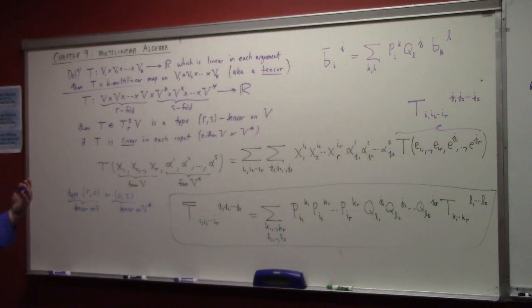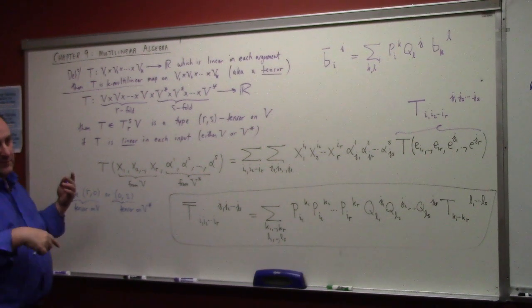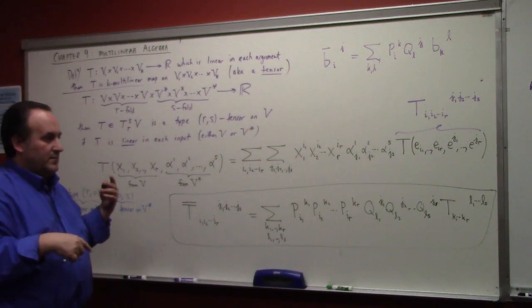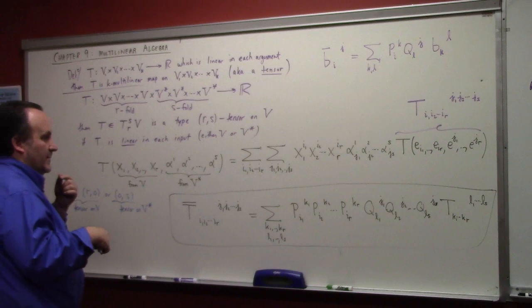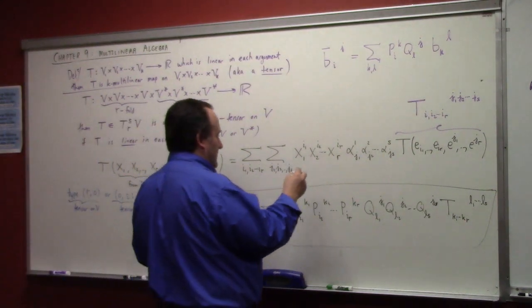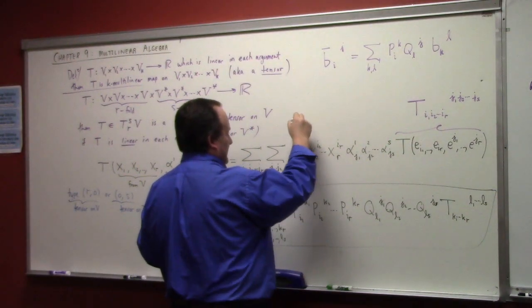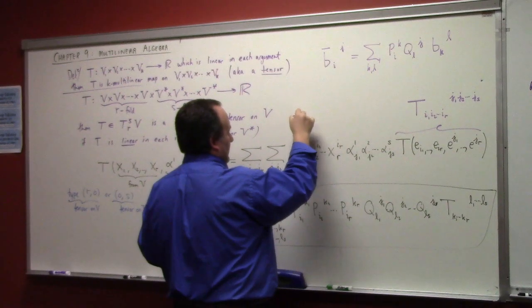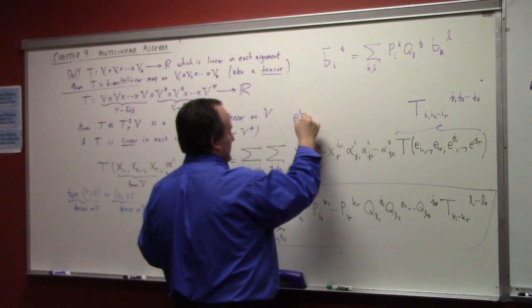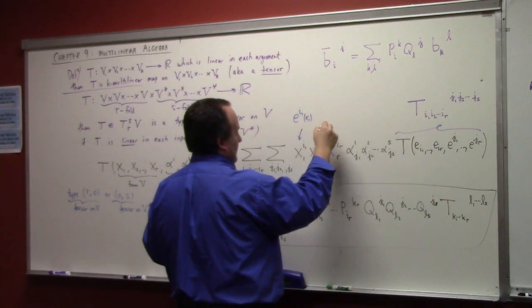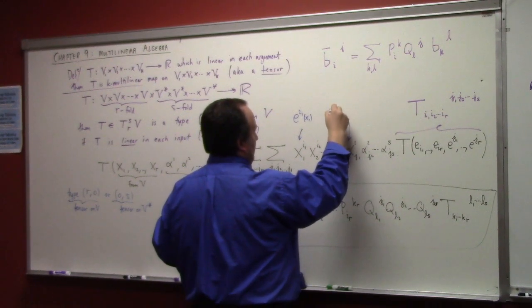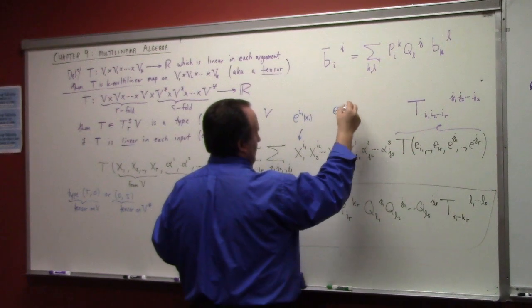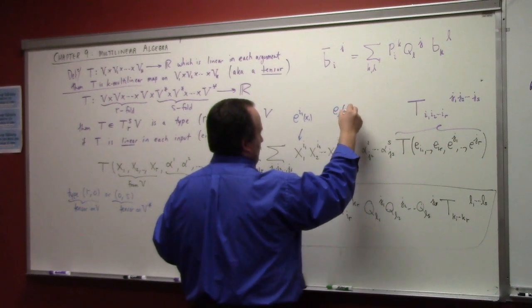But we can also write a formula for t, just like I wrote formulas for b over there. So here, basically we think of this as e_i1 acting on x1, and of course this would be e_j1 acting on alpha 1 using the double dual.